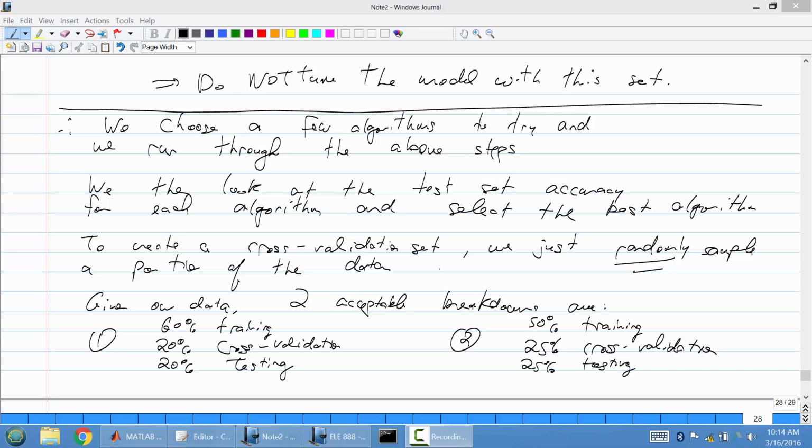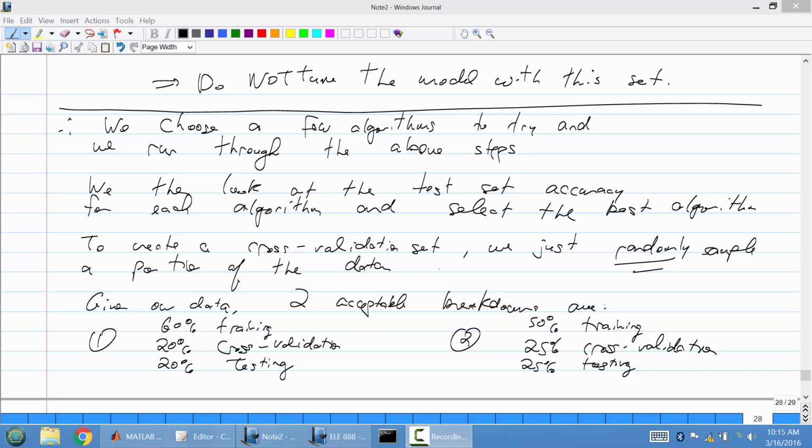So in practice, there are 2 acceptable breakdowns that I've seen. Some people like to take 60% of their data for training, 20% for cross-validation, and 20% for testing. That's what people usually do. Other people like to do 50, 25, 25. So half of your data is for the training, where you find your parameters, 25 is for the cross-validation, and 25 is for the testing.